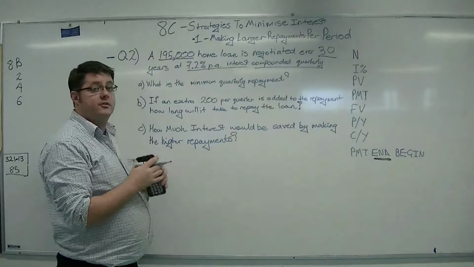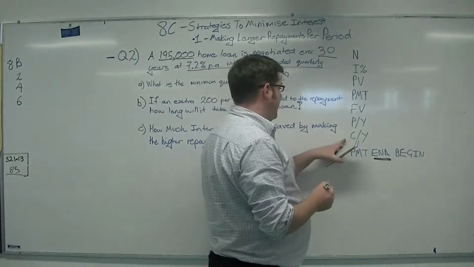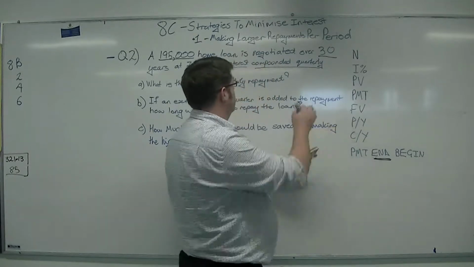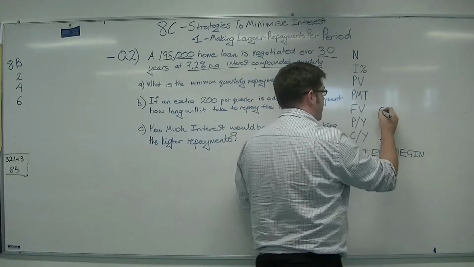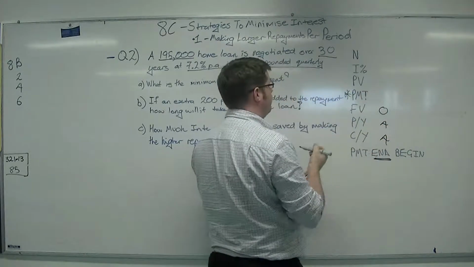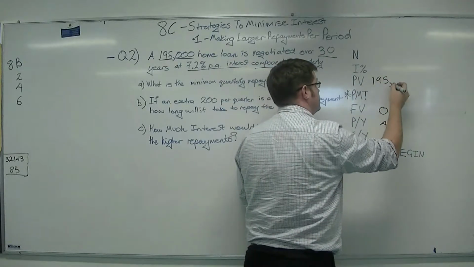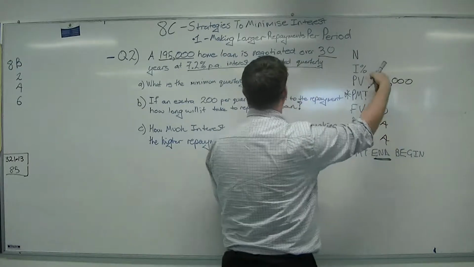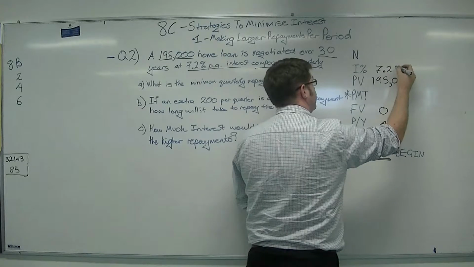Let's plug this into our trusty friend, the TVM calculator. Payment periods per year will be quarterly, so that will be 4. Future value of the loan will be 0. The payment, once again, is what we're trying to solve. The present value is $195,000, and the interest rate is 7.2%.